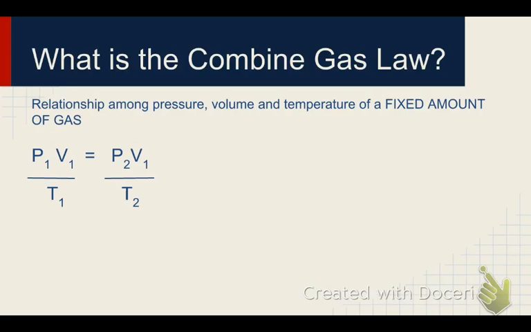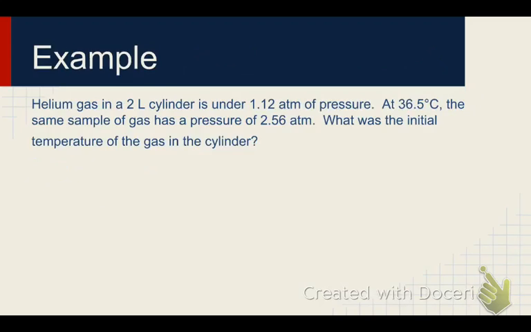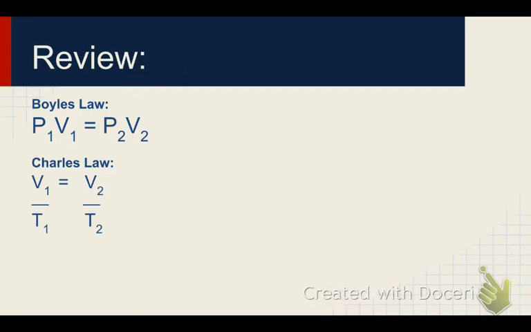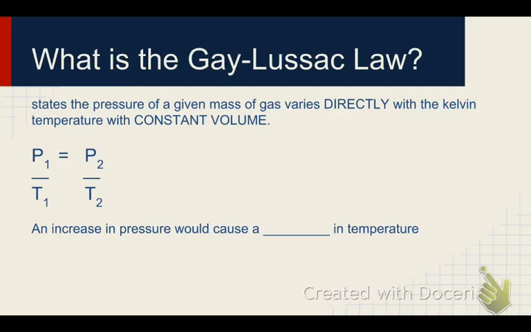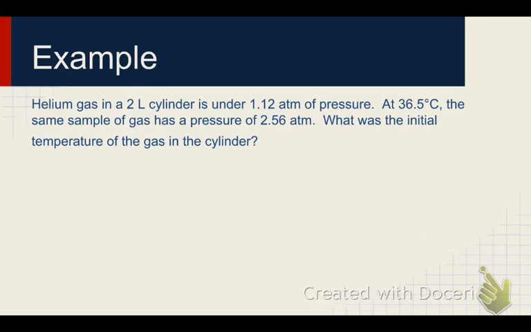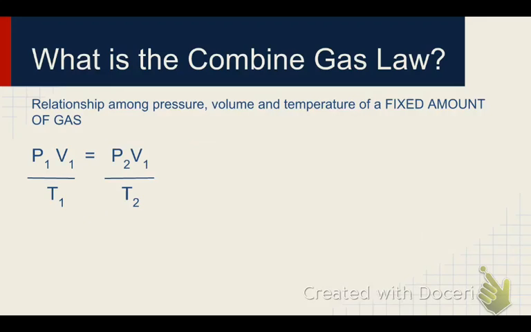And so this is just the one that you use when you say that nothing is constant. If you remember and you look back, all of these say that something is constant, right? If you look at here, this one had a constant volume. If you look at any of these, Boyle's law had a constant temperature and Charles had a constant pressure. So all of these had something that was constant. The combined gas law is used when nothing is constant, okay?